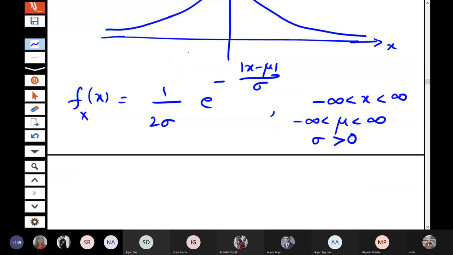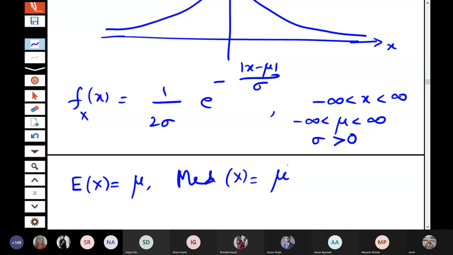Actually it is symmetric, so you can easily see that expectation of x will be mu. In fact median will also be mu, and if you look at the variance, variance of this is 2 sigma square. So I am just leaving it for calculation. You can check all this calculation yourself.